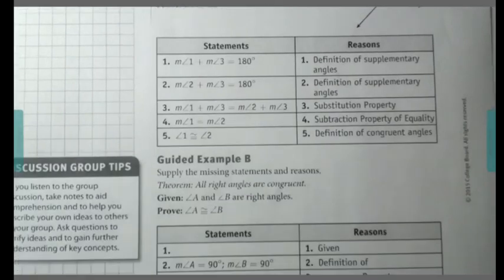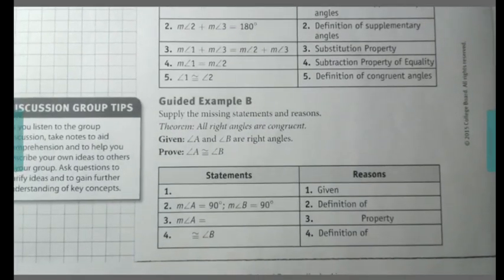Let's take a look at guided example B. It says, supply the missing statements and reasons. Theorem, all right angles are congruent. Given, angle A and angle B are right angles.